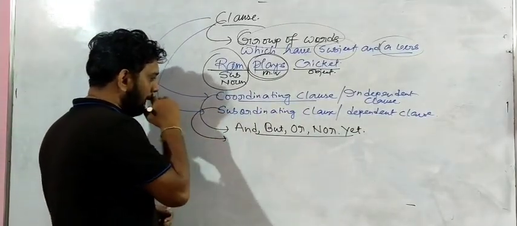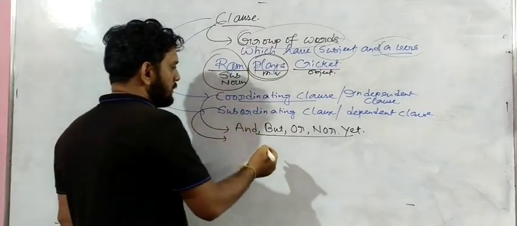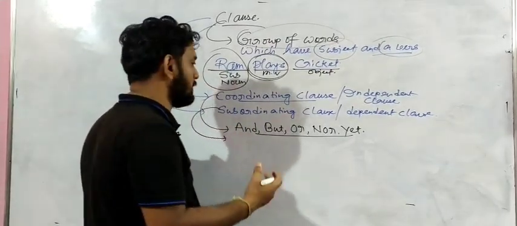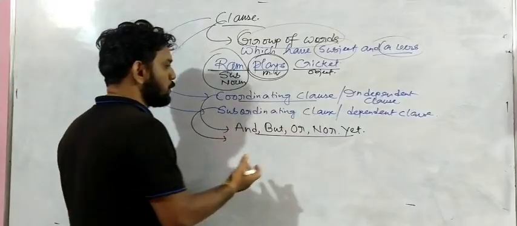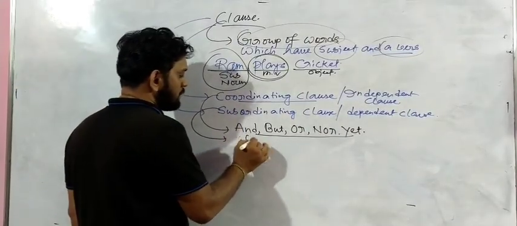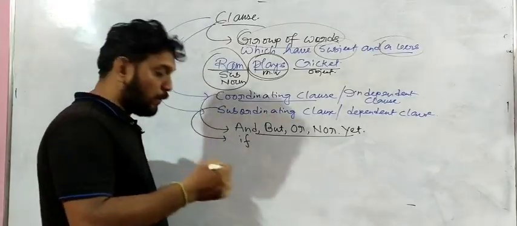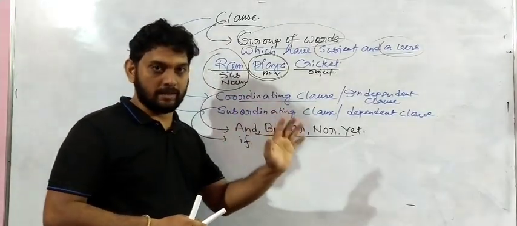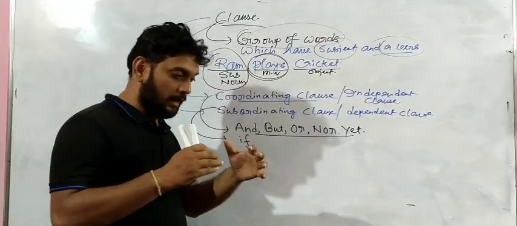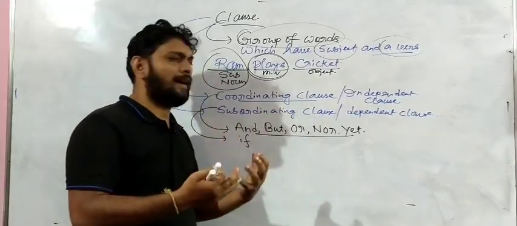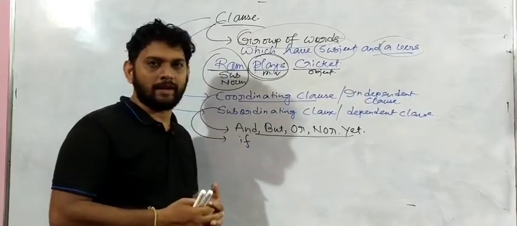Subordinating conjunction. Subordinating clause can be formed by using subordinating conjunction, and there are so many subordinating conjunctions. I will write some of them, because when we study the coordinating conjunction, I have to let you know all the concepts of coordinating conjunction.